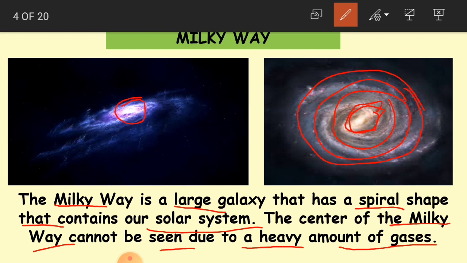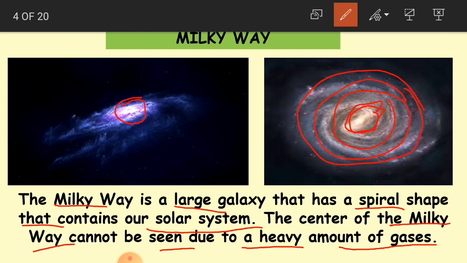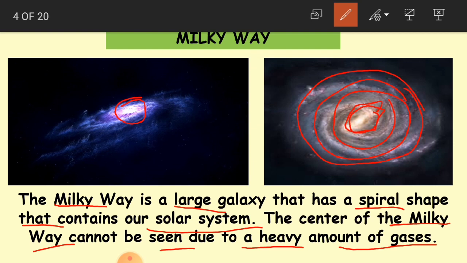It is nothing but a heavy amount of gases, so it cannot be seen. If you get a heavy amount of smoke, children, can you see things very clearly in that smoke? No, it is not possible.